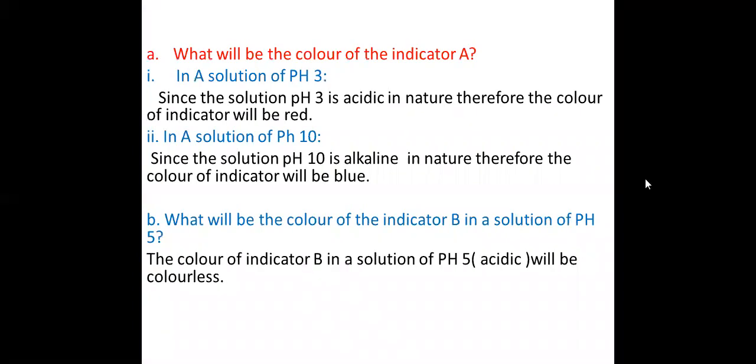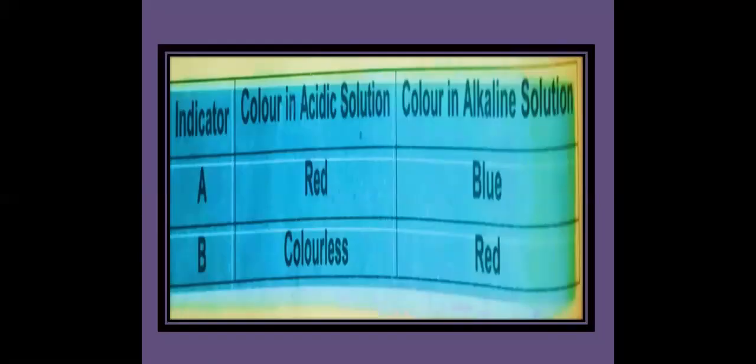So the first question is, what will be the color of the indicator A when pH of solution is 3? So pH 3 is acidic pH, and we discussed it here that indicator A in acidic medium, like pH less than 7, is red in color.